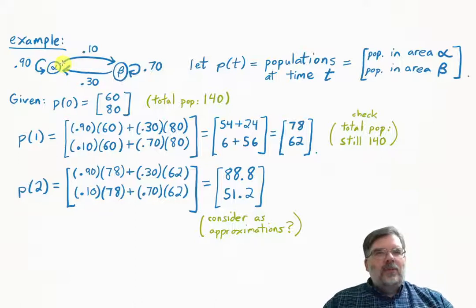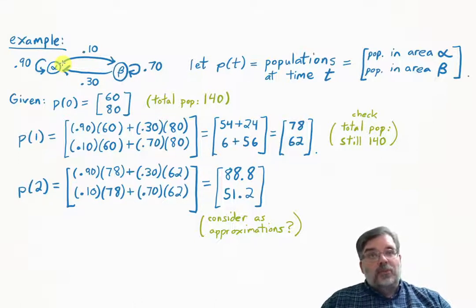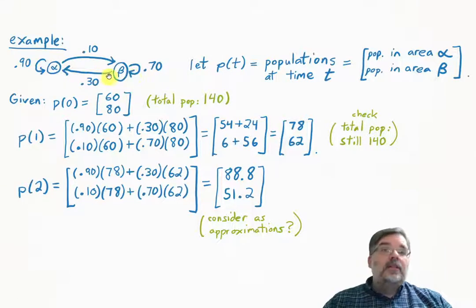In addition, we can derive two more numbers which will be important. If 10% of the population of area alpha moves to area beta, that means 90% of the population stays in area alpha. Similarly, if 30% of the population leaves area beta, that means 70% of the population stays in area beta.